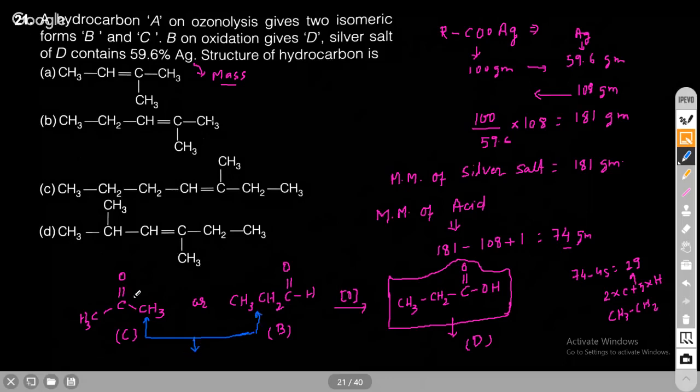So what would be A? We'll join this carbon and this carbon by a double bond, correct? So the formula of A will be CH3 C(CH3) double bond C CH2CH3, and hydrogen we have here.